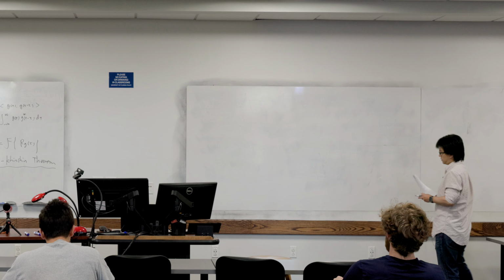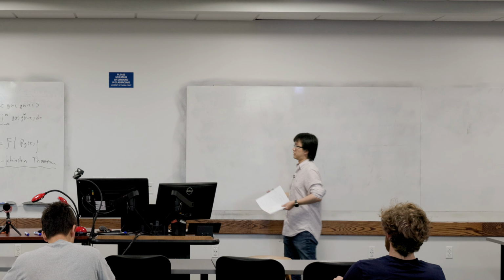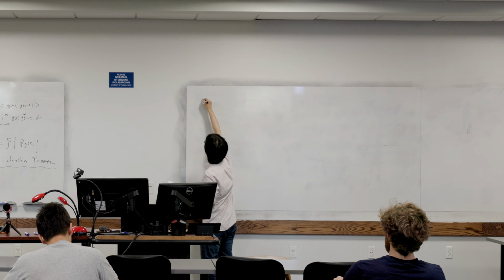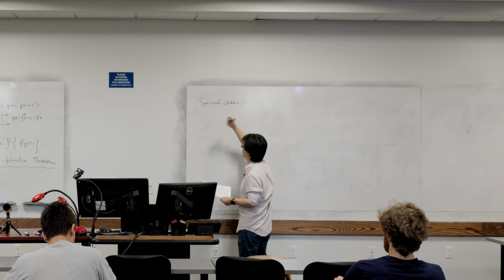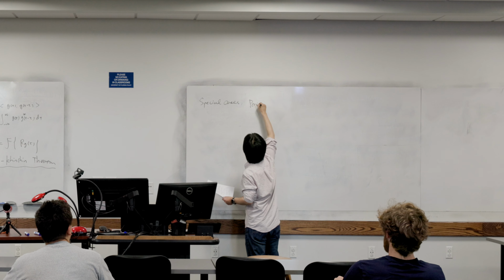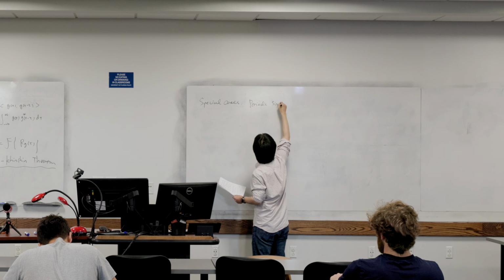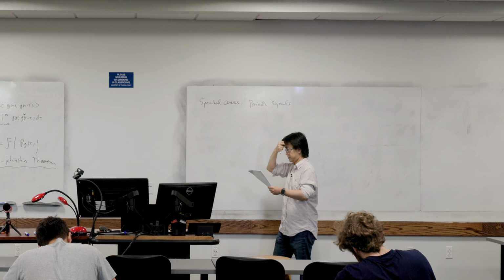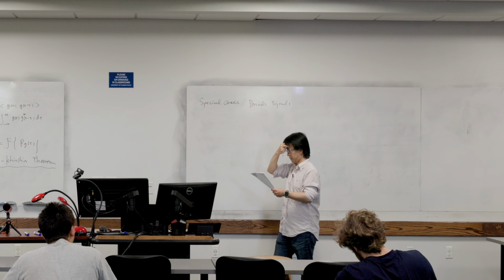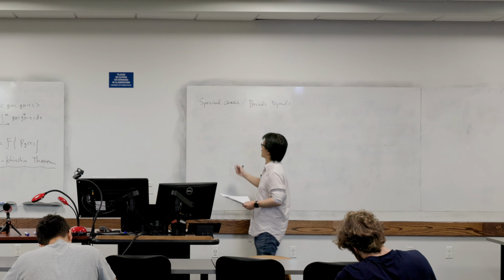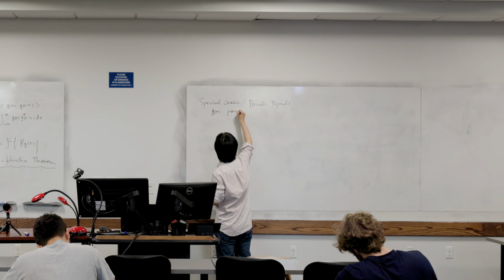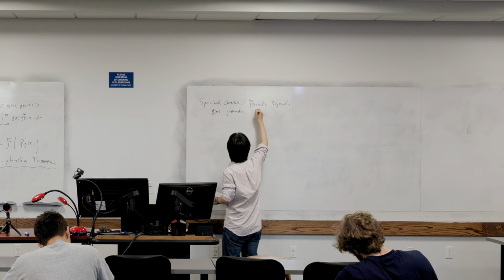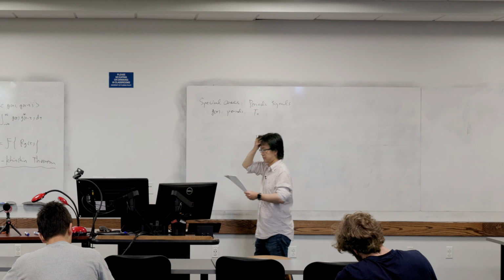As we said before, probably the most important power signal that we care about is the periodic signal. So let's consider periodic signals. Let g of t be a periodic signal with fundamental period T naught.